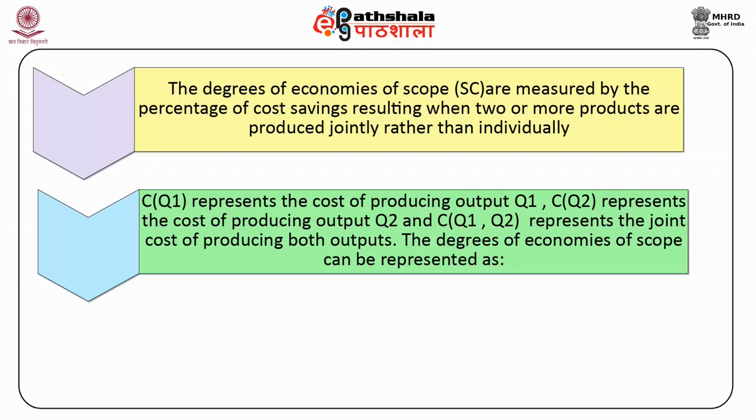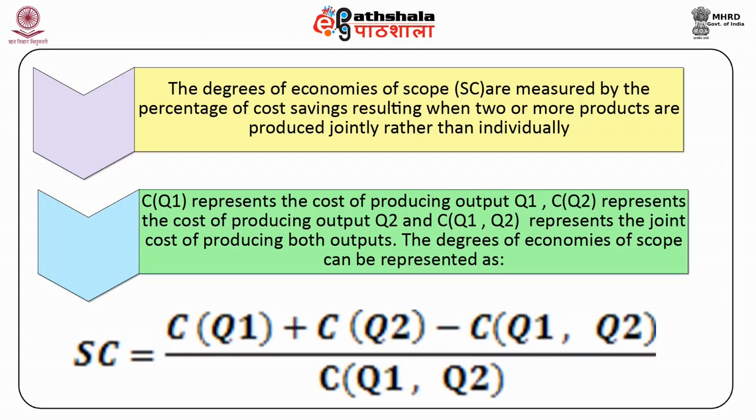C(Q2) represents the cost of producing output Q2, and C(Q1,Q2) represents the joint cost of producing both outputs. The degrees of economies of scope can be represented as SC equals C(Q1) plus C(Q2) minus C(Q1,Q2), divided by C(Q1,Q2).